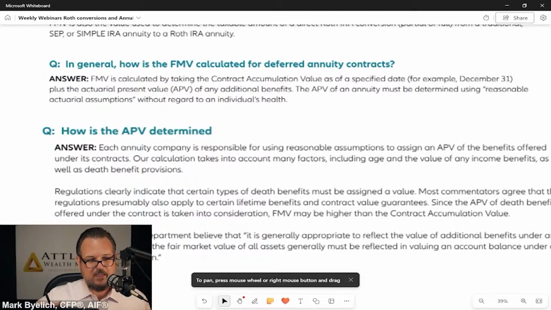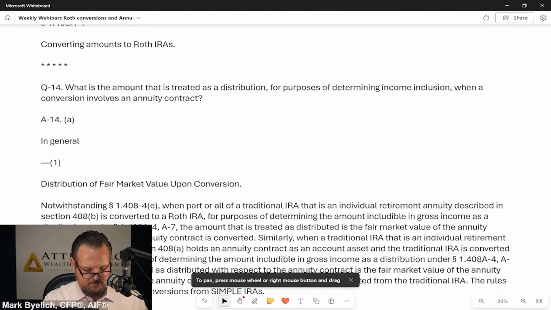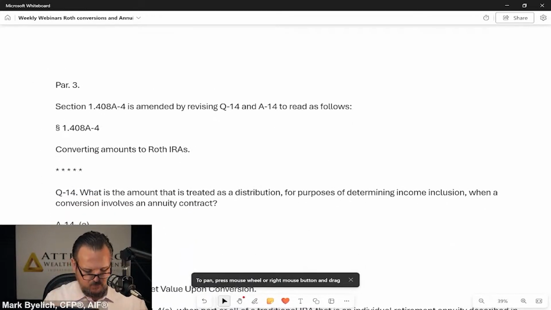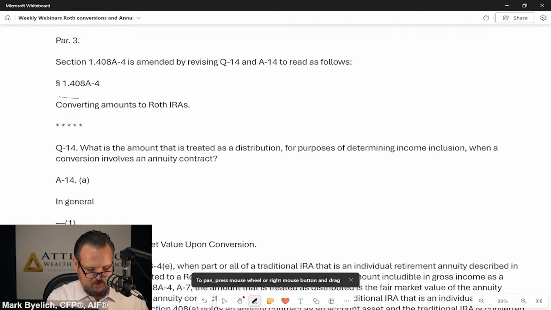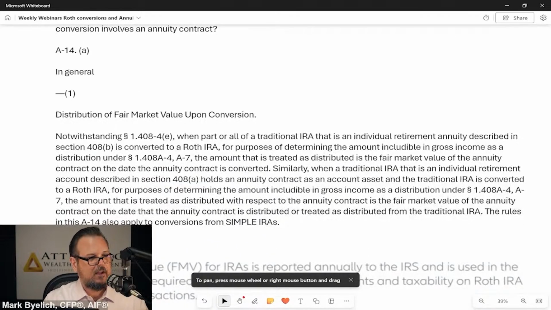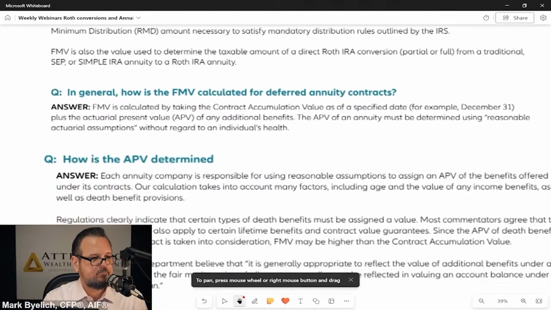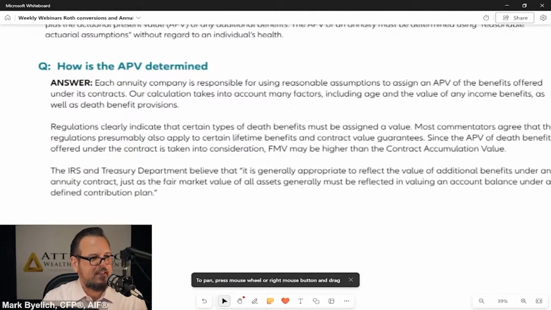So if you want to get technical, I'll put this link in the description for this section here. You can pull up this link and read what the reasonable actuarial assumptions are. So how is the APV determined?